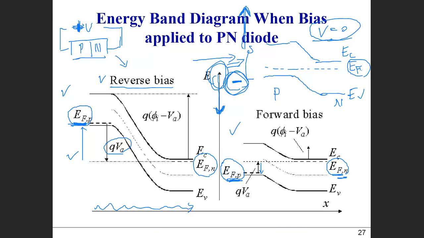So your resulting energy band diagram follows this kind of curve. That way you can draw the energy band diagram when you apply different biases.